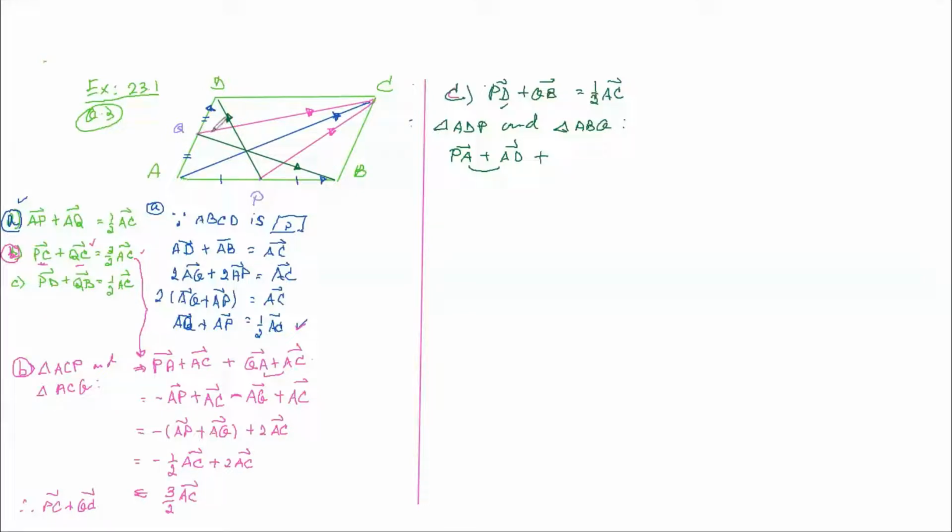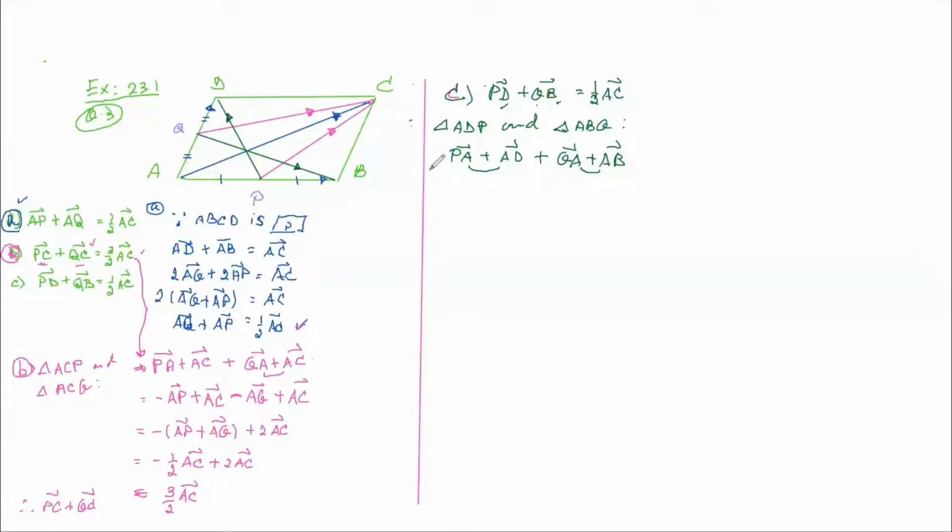So for QB you start from Q, and I get QA plus AB. So you observe the common point A, and you get QB here.